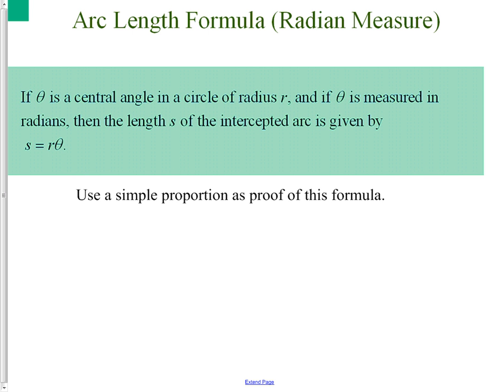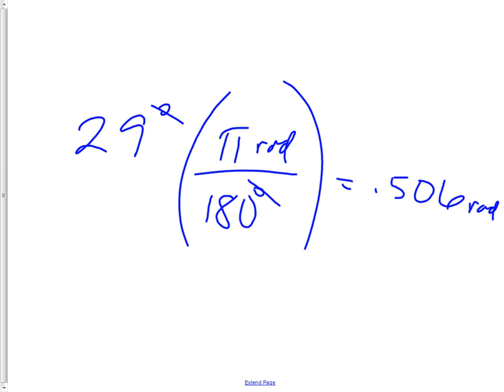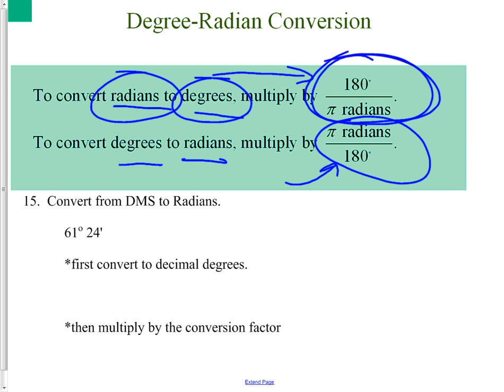Now, to put it all together, you have to be able to do a problem like this, where they give you something in DMS. What do you think that means? Degrees, minutes, seconds. Good. Like this. And then they want that converted into radians. First, convert it to degrees in decimals.